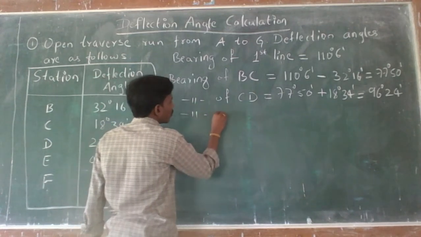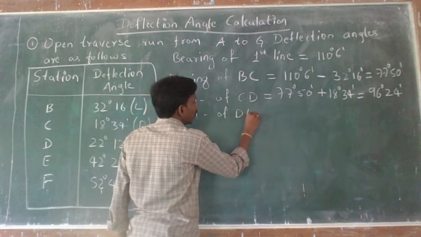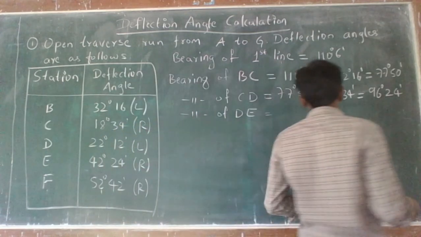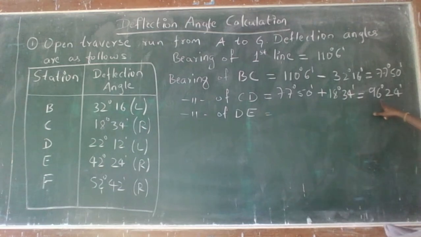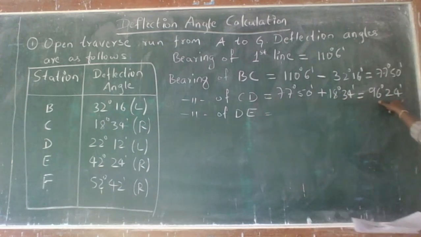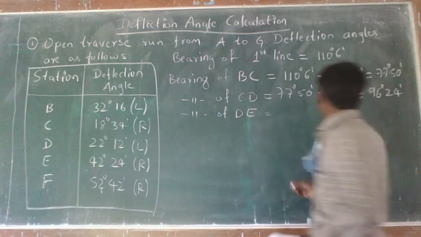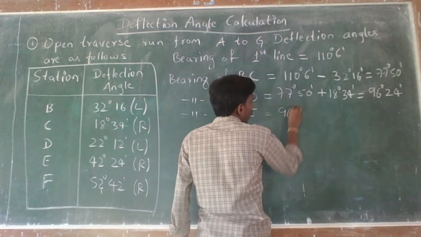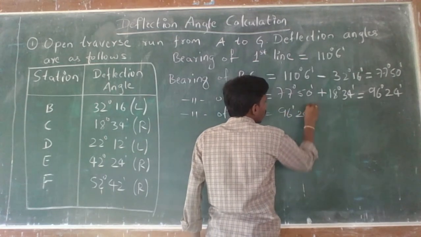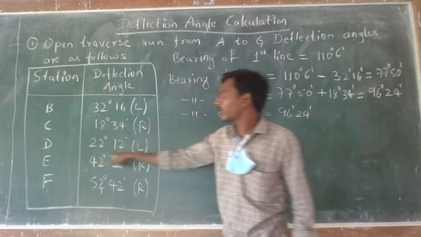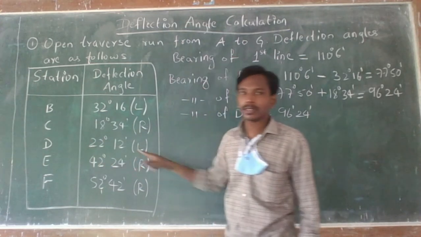So let's move to the next bearing. Bearing of line DE. Now the bearing of the previous line CD is 96 degrees 24 minutes. So we have to take this value for the calculation of the next bearing of the line. Now come to the table. Now here the deflection angle of D is towards left.